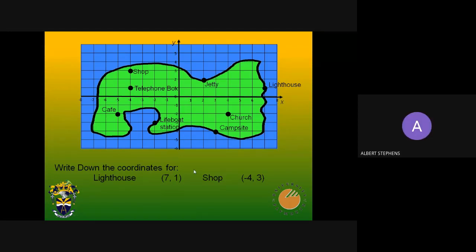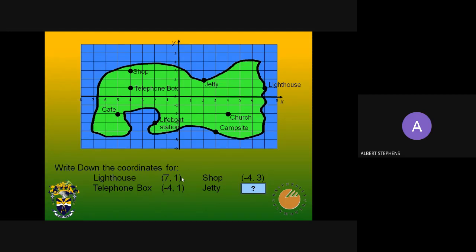So we just located the lighthouse and the shop. Quickly, let's put in the telephone box and jetty. I think the jetty is a place by the water. The telephone box is (-4, 1).